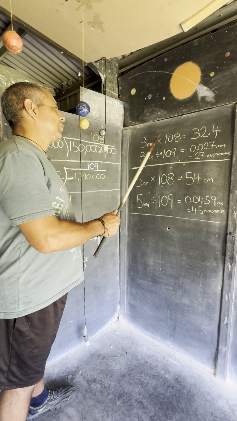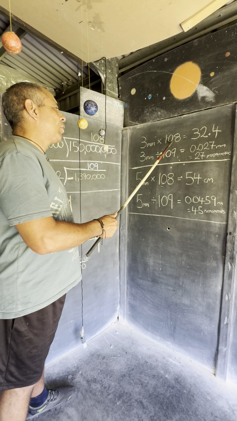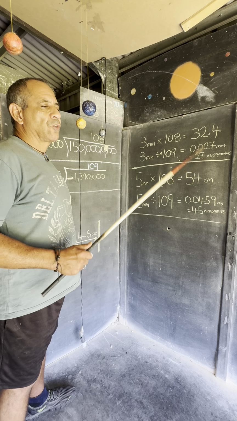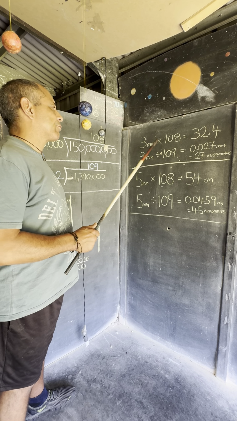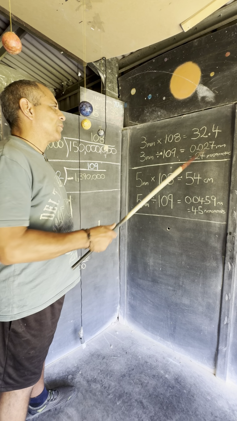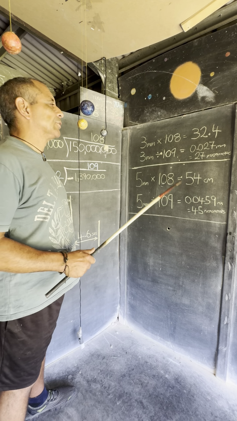So the 3mm bulb for the Sun multiplied by 108 equals 32.4 centimeters. So the distance between a 3mm bulb, if it were the Sun, and Earth would be 32.4 centimeters.